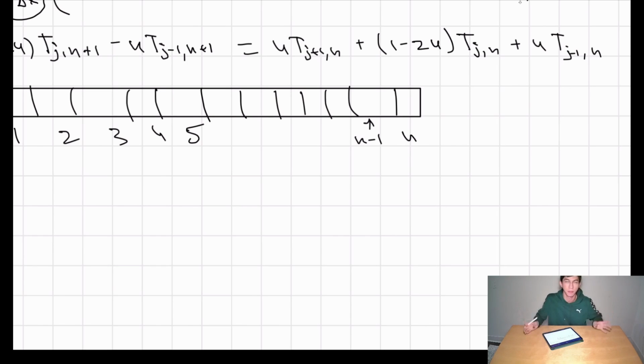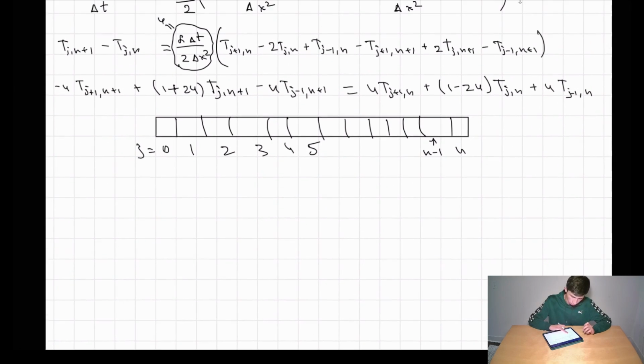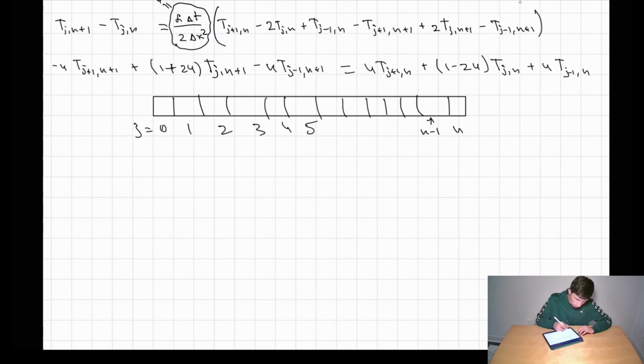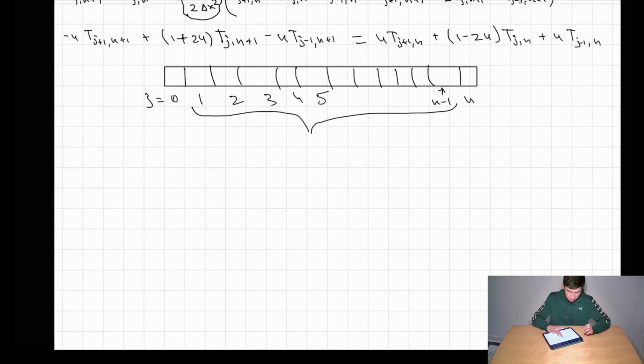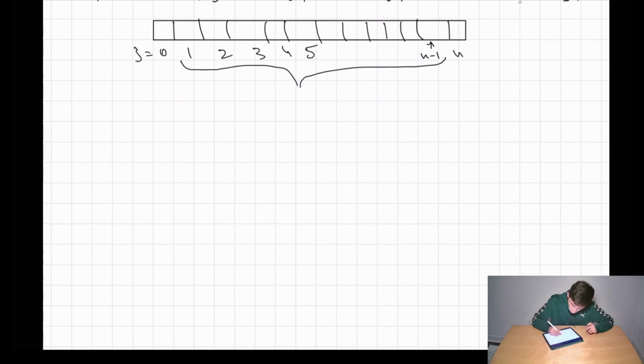We know the temperatures at the left side and the right-hand side, and we want to find the ones in between. Because the temperatures at the left and right sides of our bar stay the same, we're going to create an array, a matrix, for our temperatures at a later time.